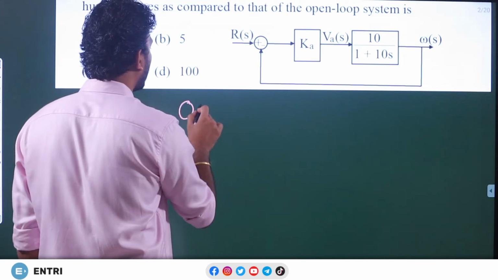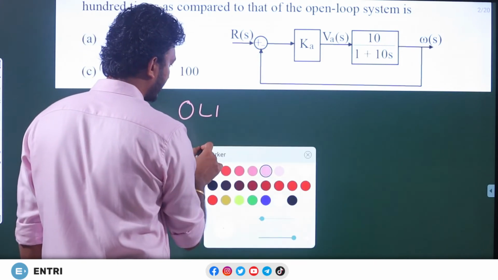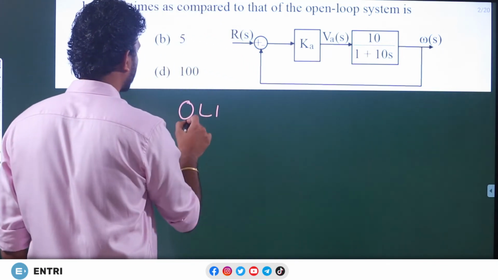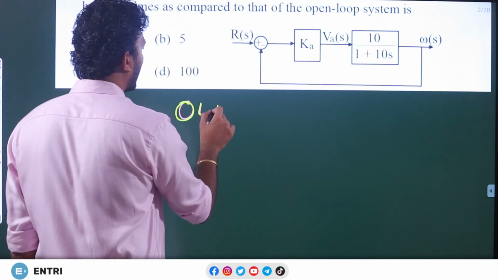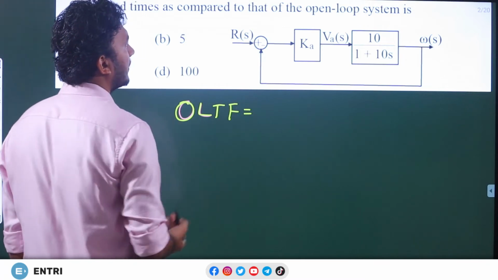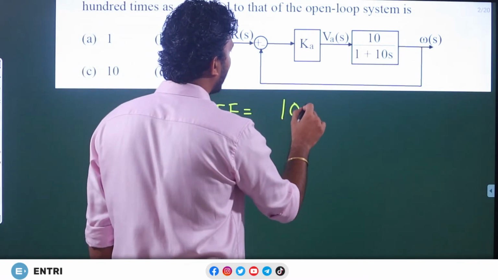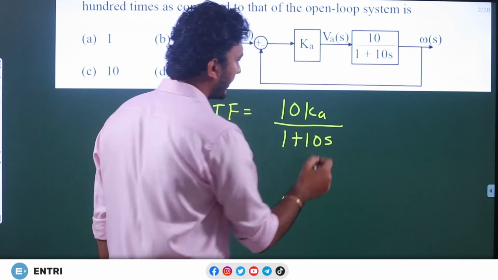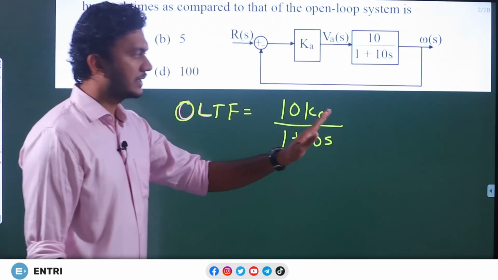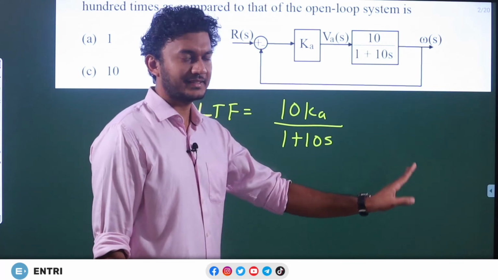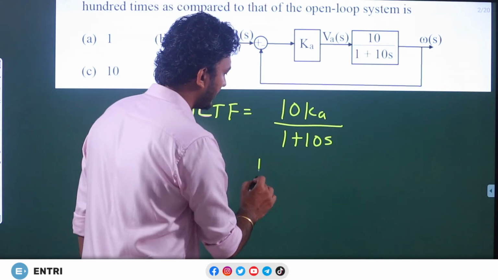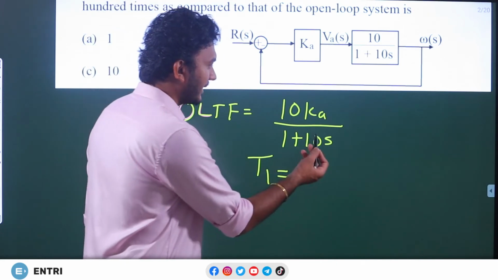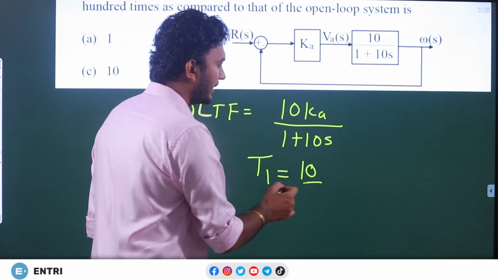The total open loop transfer function, OLTF, is 10 Ka divided by 1 plus 10s. You remember the standard transfer function 1 plus St. So what is the time constant of the open loop system? T1, from 1 plus St, is equal to 10 seconds.